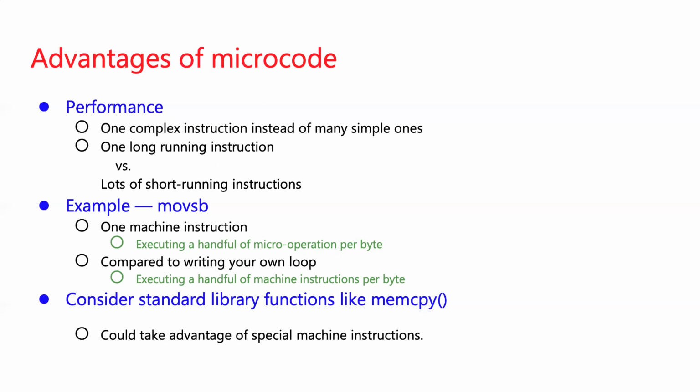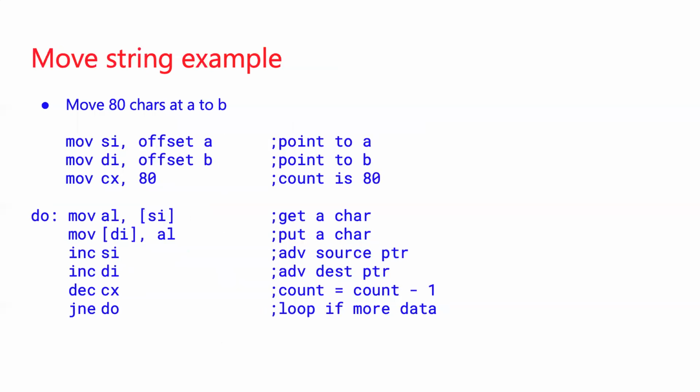You could write this yourself using a bunch of machine instructions. And if you did it, this is the kind of program you might write, even in assembly language. So let's pretend you had 80 bytes of memory, and let's say you wanted to copy it from one chunk of memory to another. And let's pretend these were in your data section.